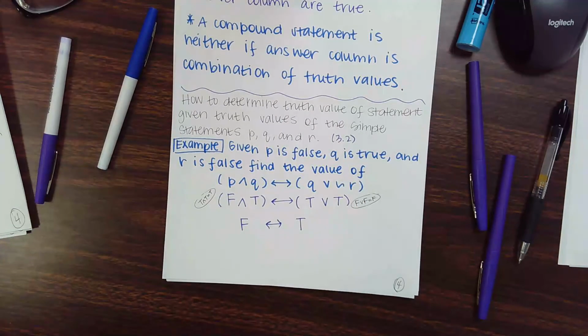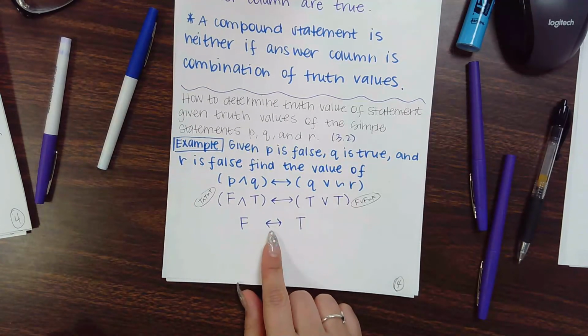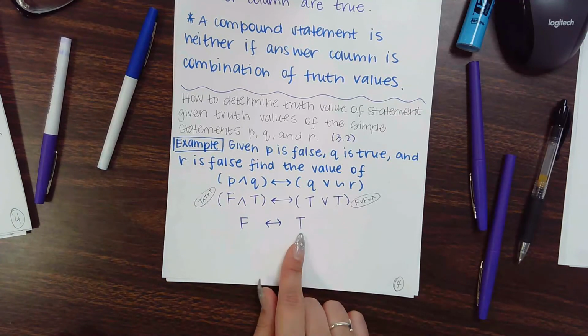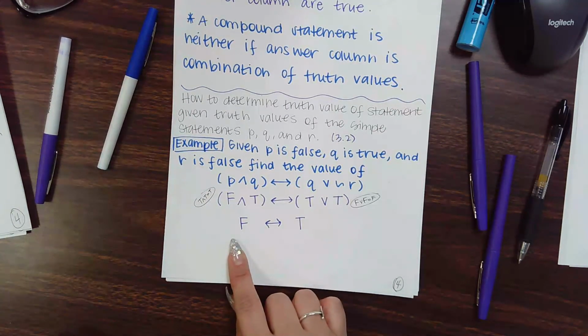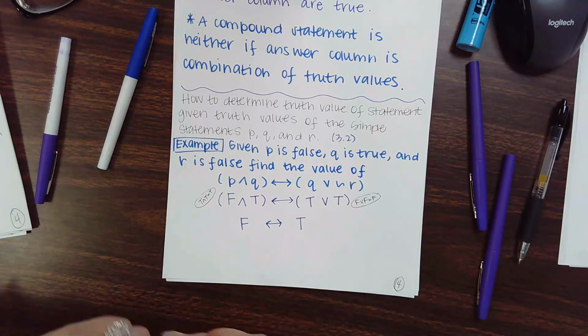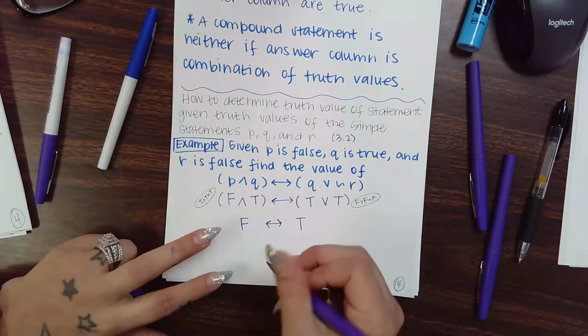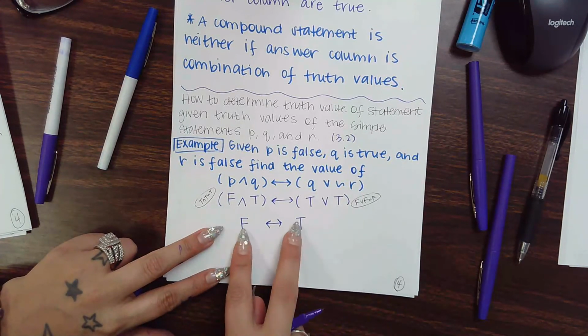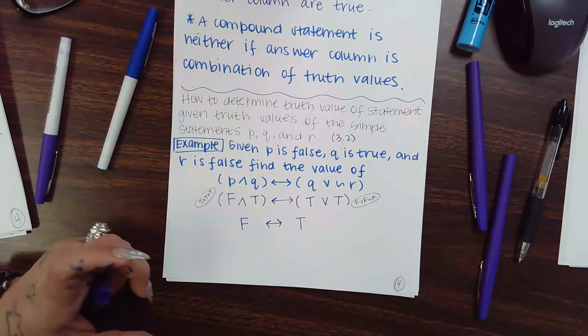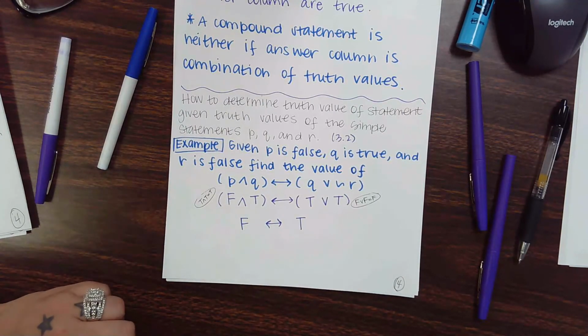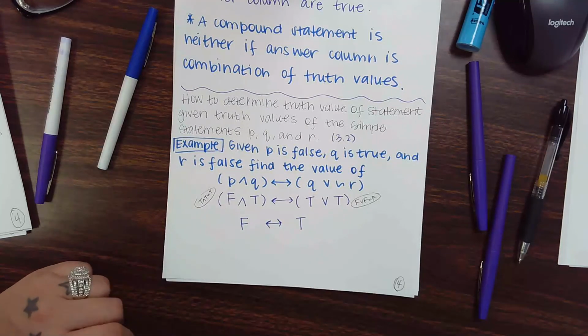And then for my doubles, that's what I look for, right? With the biconditional, are these doubles? Are these the same? F, if and only if T. These are not doubles. These are not the same. The biconditional, this is F, if and only if T. What is that?